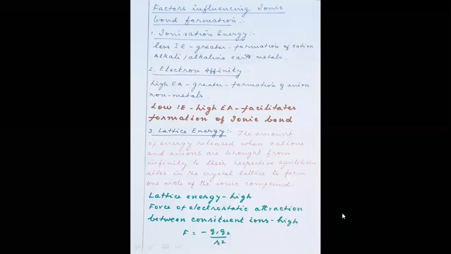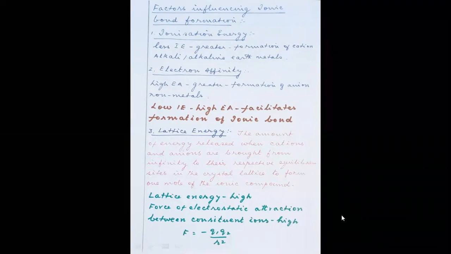Actually, sodium chloride is a cubical crystal. The simple cubical crystal is sodium chloride. The sodium ion present in solution at a farther distance and the chloride ion present in solution at a farther distance are all brought to the cubical positions. And what is the energy released during the formation of 1 mole of the crystal? That energy is called lattice energy.